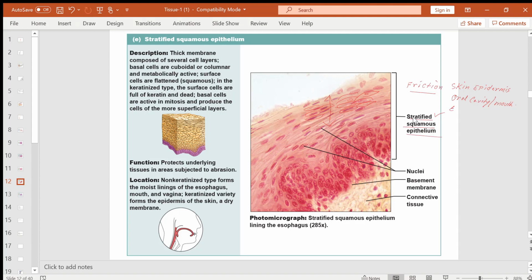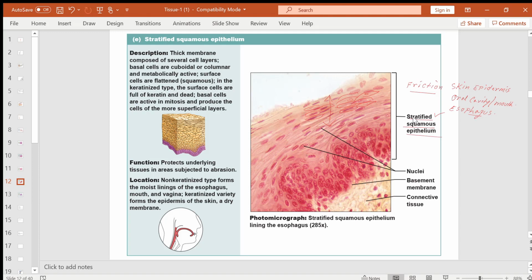Why? Esophagus also gets friction of the food, because esophagus is a narrow tube that takes the food to the stomach, okay, and the food is still in solid form. The food becomes liquid in the stomach. However, before it enters into the stomach, the food is still in solid form.